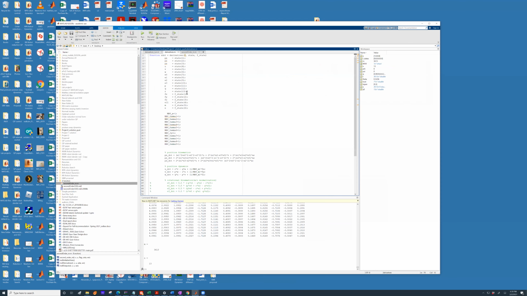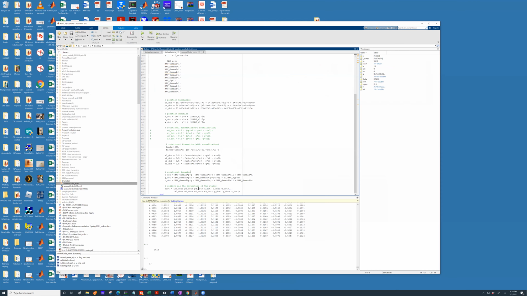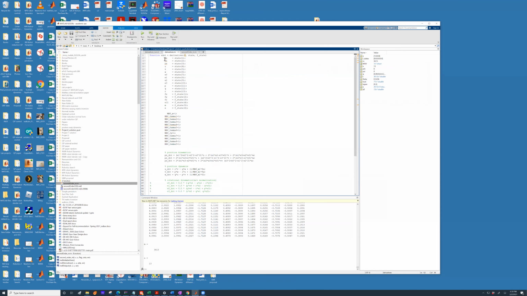If you look at derivatives.m, the states go from Pn all the way up to R. So there are 13 states, and E0 is state 7, E1 is state 8, E2 is state 9, and E3 is state 10.